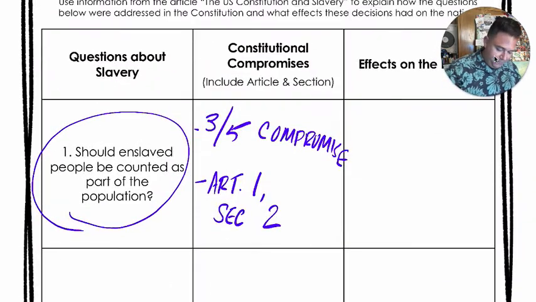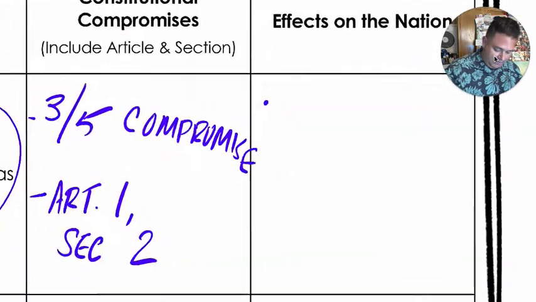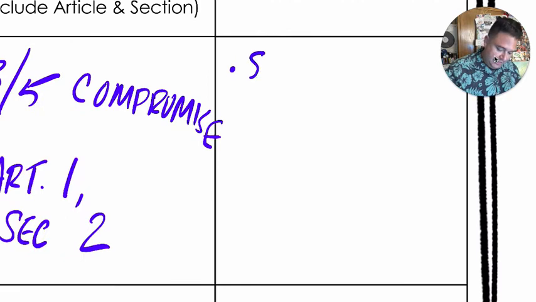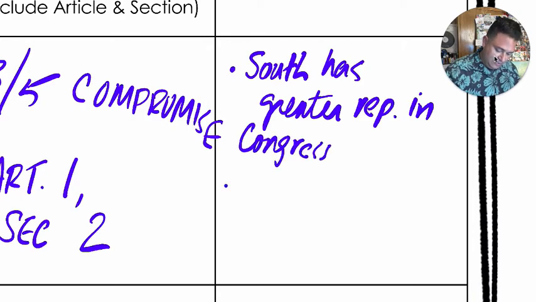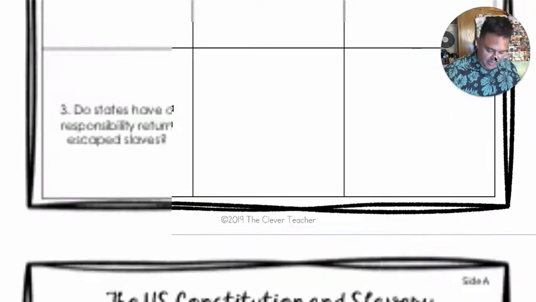So, going back here, and I'll even zoom in here a little bit. South has greater representation. You can abbreviate in Congress. Let's go back to the reading again.